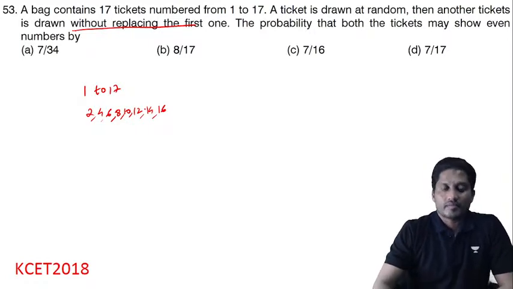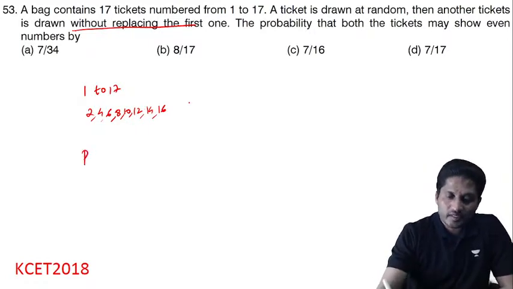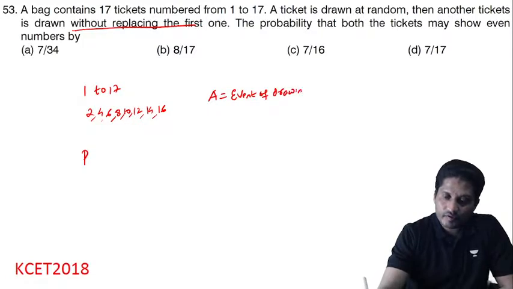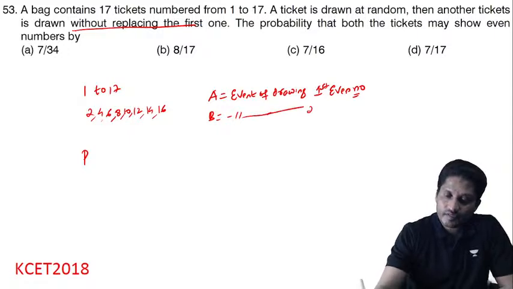Probability that both the numbers are even. Let A be the event of drawing the first even number and B the event of drawing the second even number.